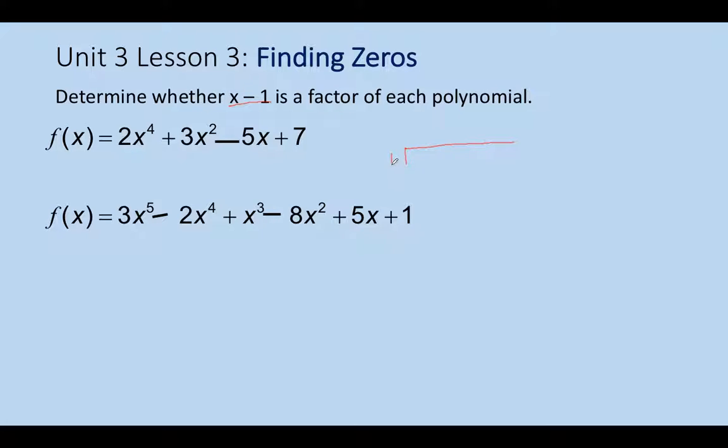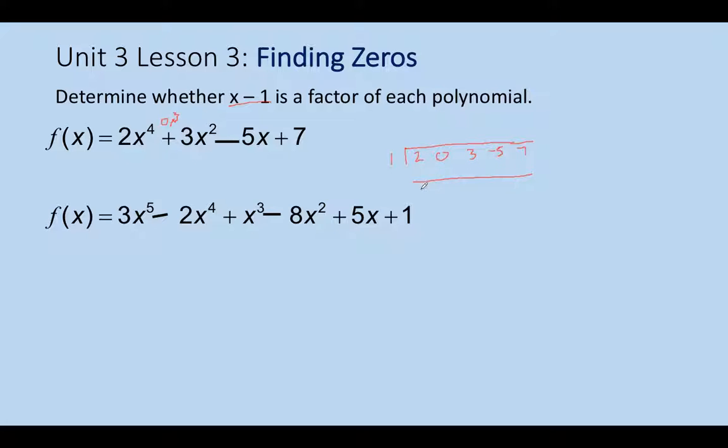Well, that means is 1 a solution? So we'll go ahead and we've got 2. Don't forget we've got kind of 0x to the third in between here. Looks more like a 2 of the third. So we've got 0, 2, 0, 3, negative 5, and 7. And so if my remainder is 0, well, then this is a solution, meaning this is a factor. If it's anything besides 0, well, it won't be.